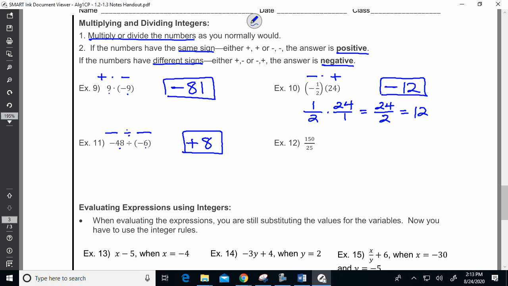And then 150 divided by 25, positive divided by positive is positive. 150 divided by 25, then how many quarters does it take to give me $1.50? That's 6 quarters. And that's plus 6.